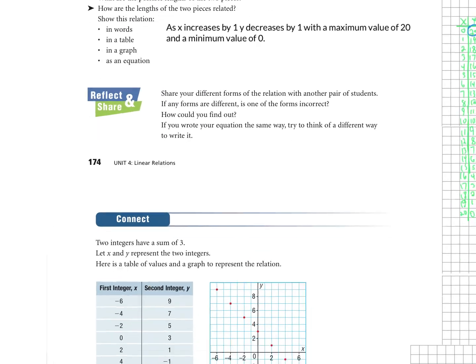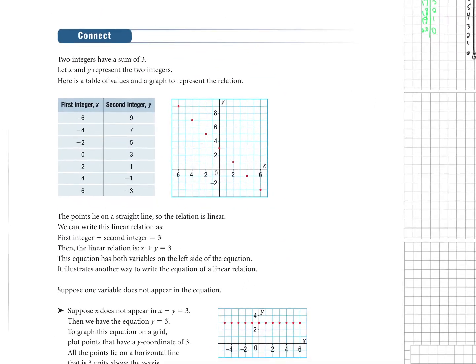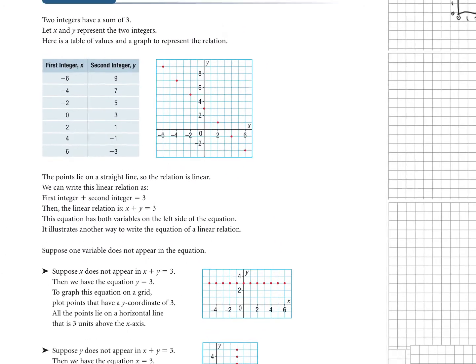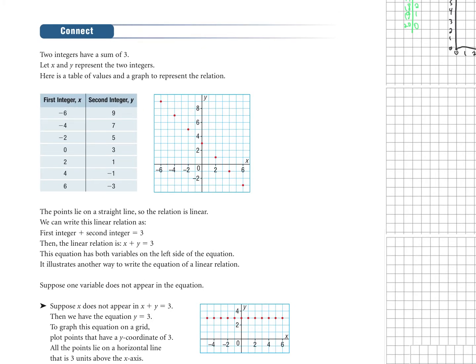Okay, so let's go back down here to connect. And we saw how they have, then the relation is x plus y equals 3. This equation has both variables on the left side of the equation. It illustrates another way to write the equation of a linear relation.